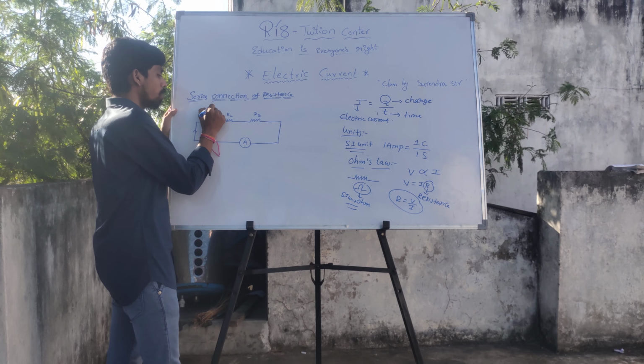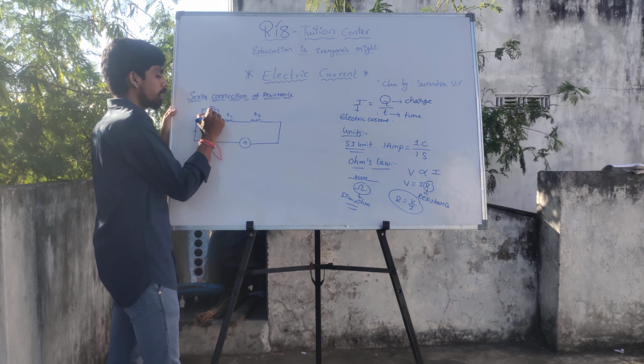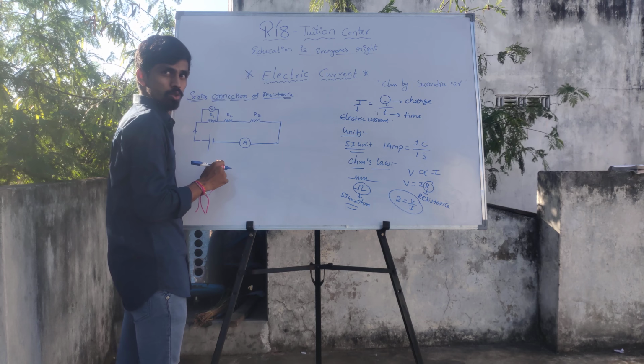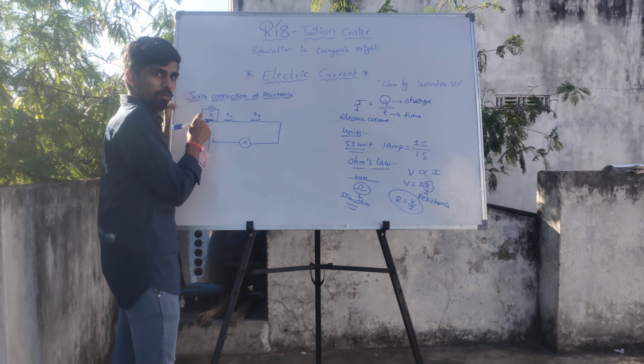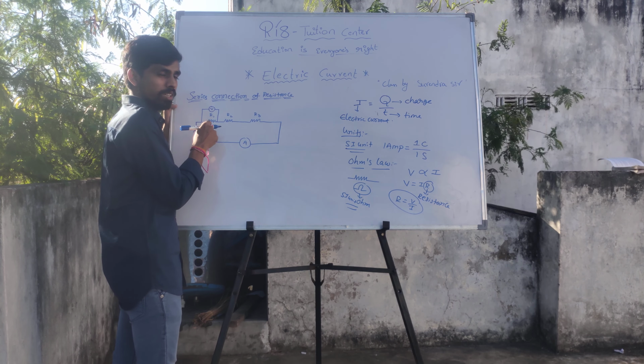Across the resistances R1, R2, R3 we connect voltmeters. A voltmeter is a device used to measure how much voltage is across the circuit.